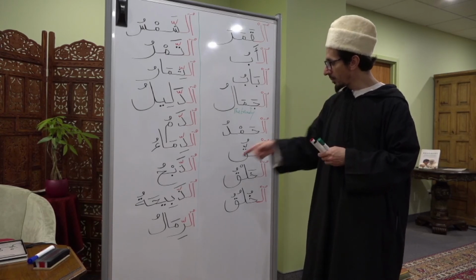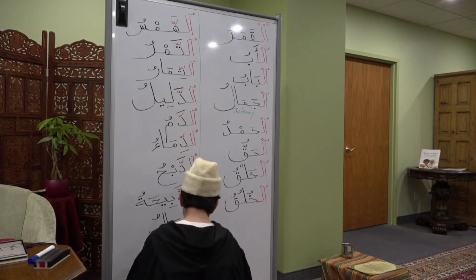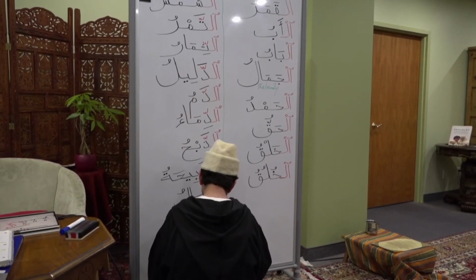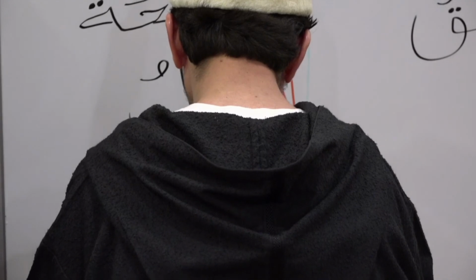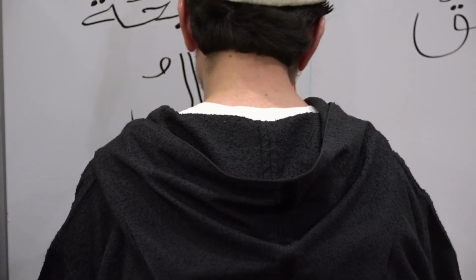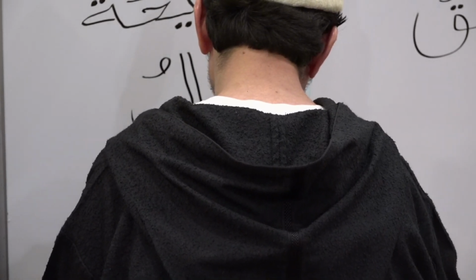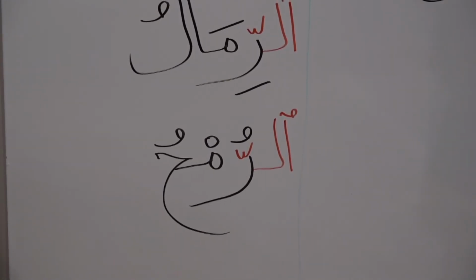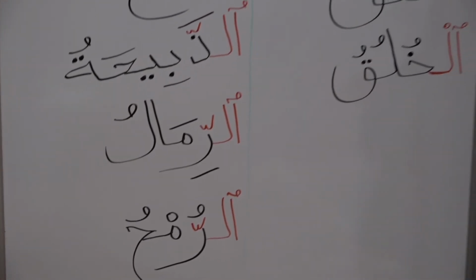Another noun with ra: الرمح. That's what?